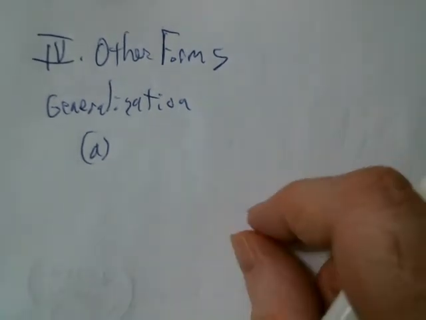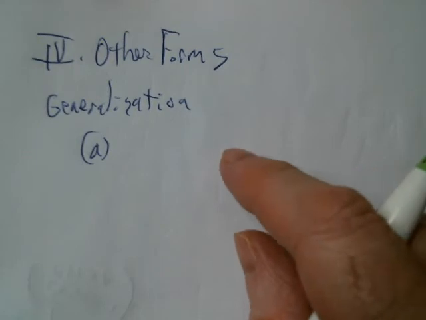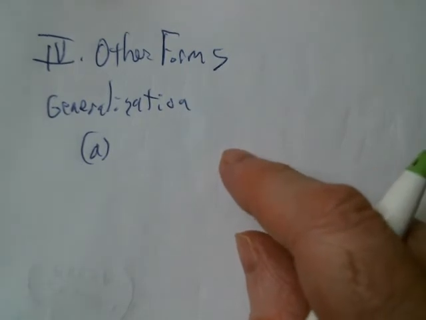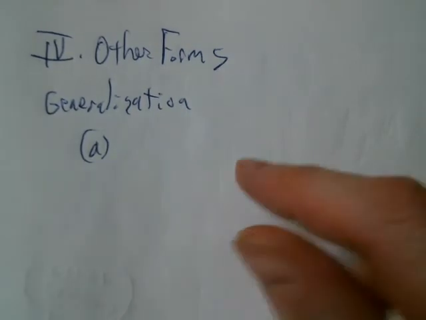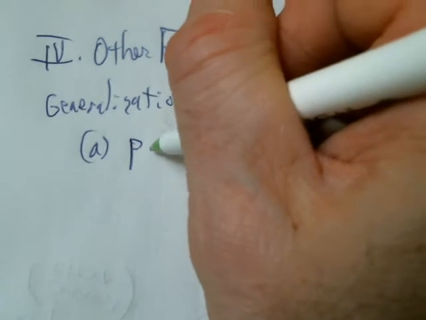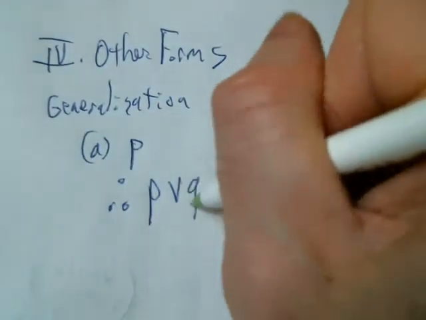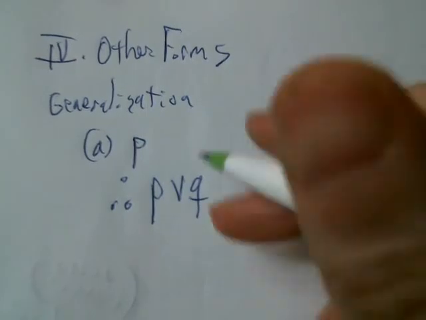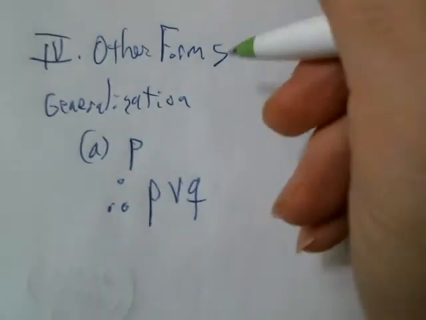So maybe the statement is, I'm alive. And then you could basically attach anything you want to that. I'm alive, or I'm living on Mars, and it's still going to be true, right? So generalization: P is true, and then you can conclude P or Q. So you're expanding, you're making it bigger.